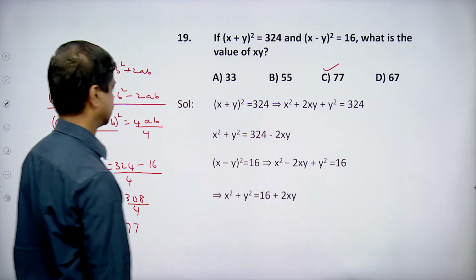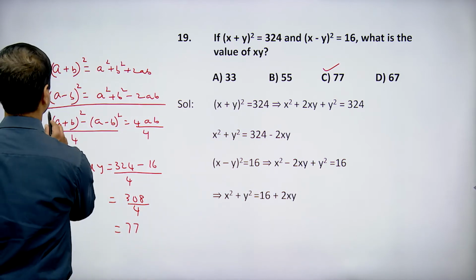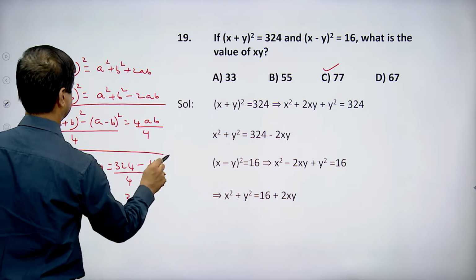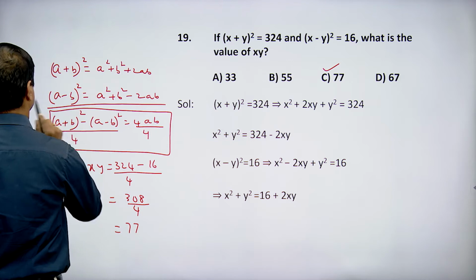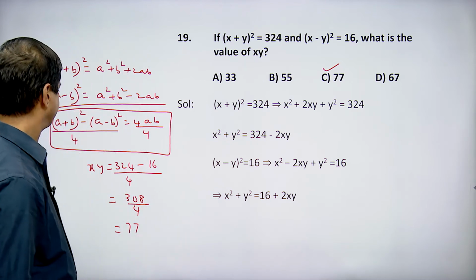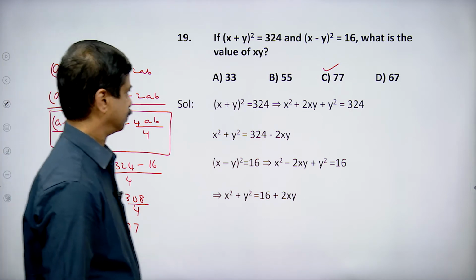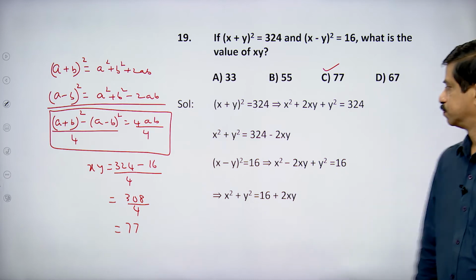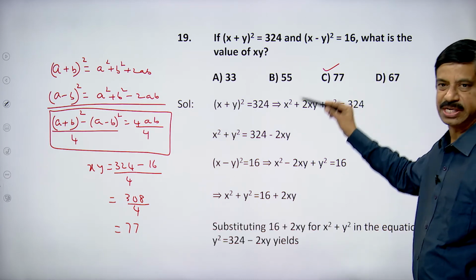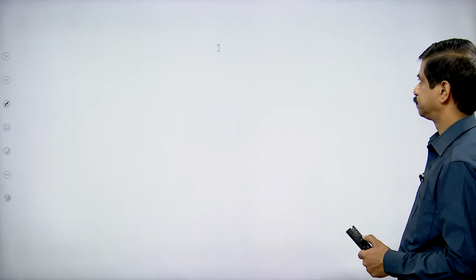So please note it fast, quick. What I put in the box, that is the formula. So let's move to the next question. Please take screenshots. Let us save time and proceed further.